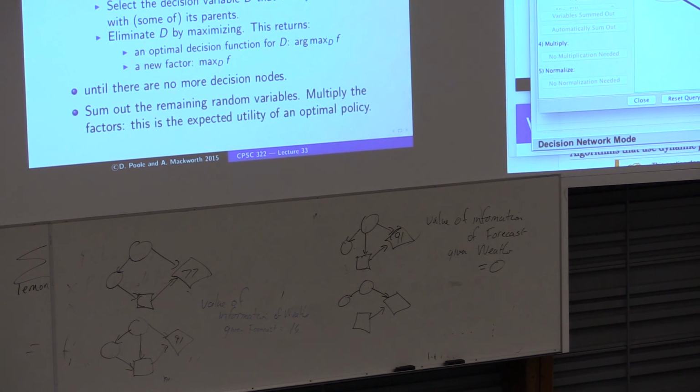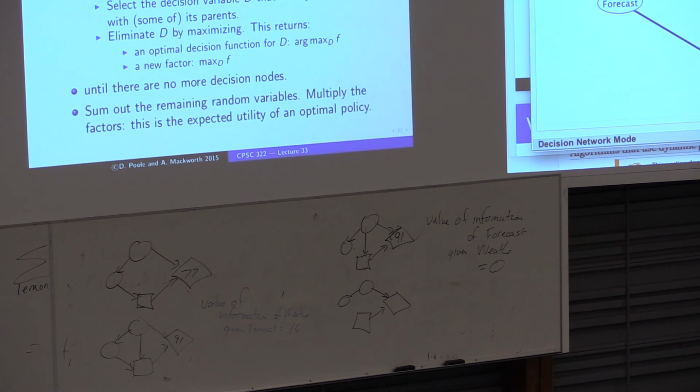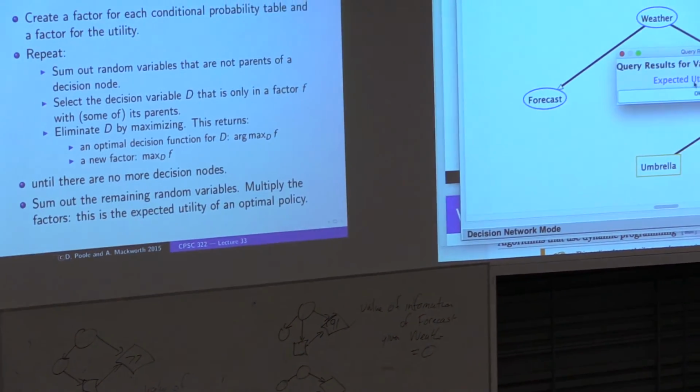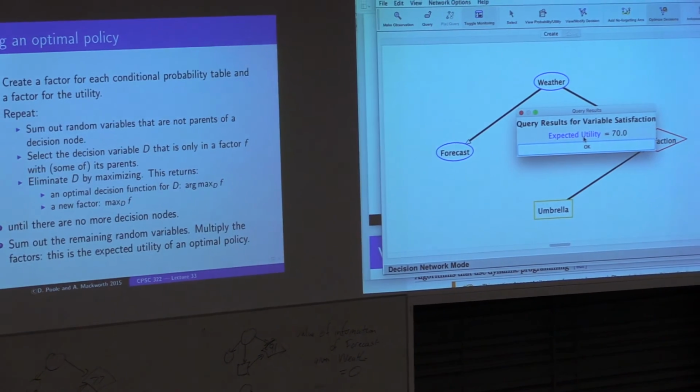Let's create a node. Oh, let's delete this arc and delete this arc. And we're going to solve it. I'll just do it briefly, and we'll find out that it's 70. Right, this one's actually 70.